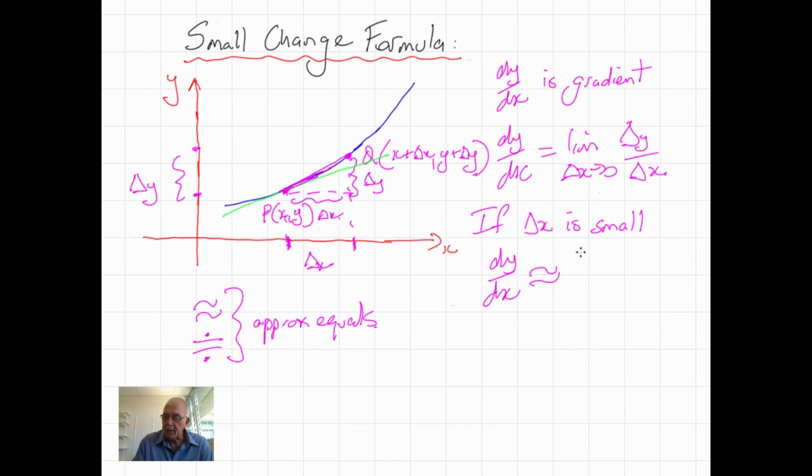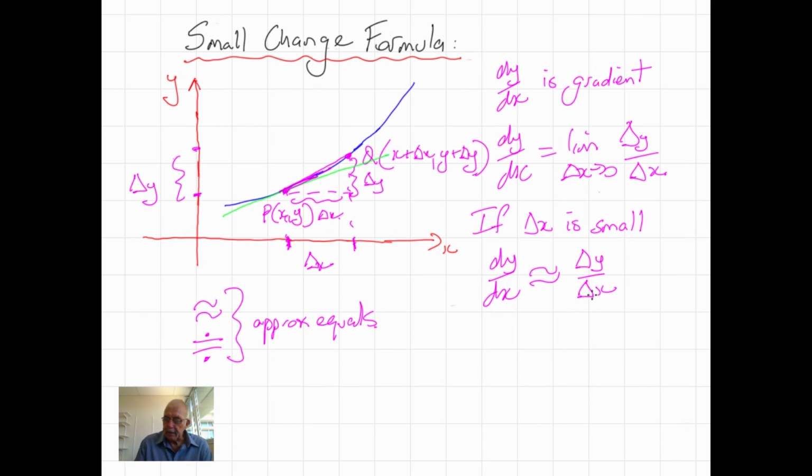So dy dx is approximately equal to delta y on delta x. So we're saying that if delta x is very small, or quite small, delta y on delta x will give you approximately the same value as the gradient.